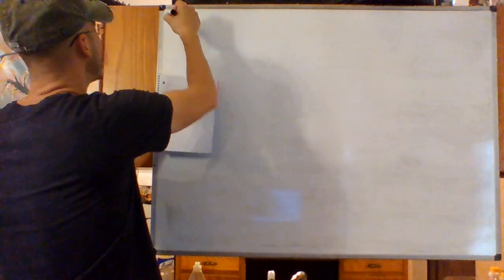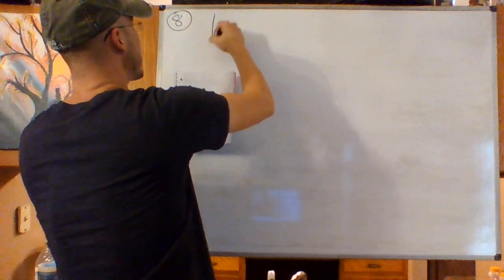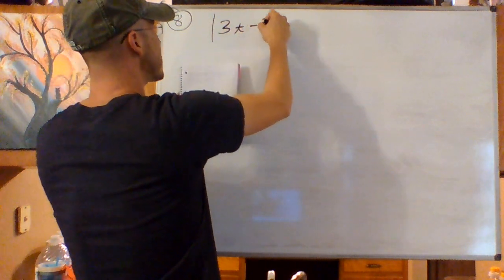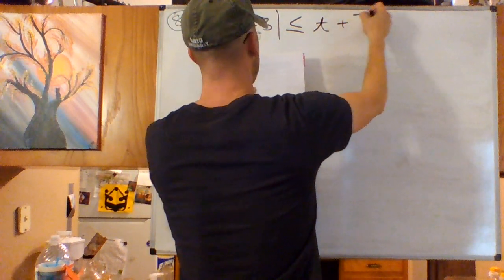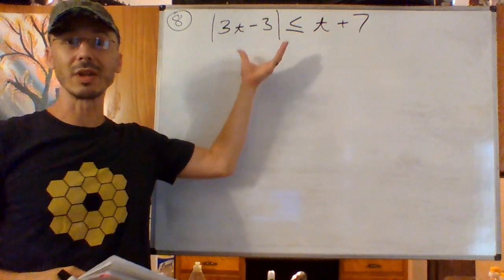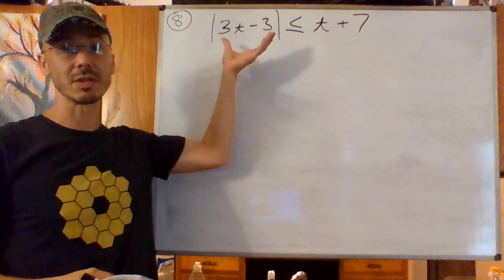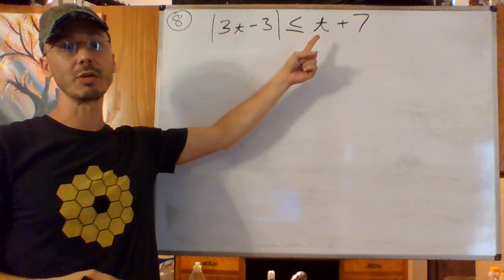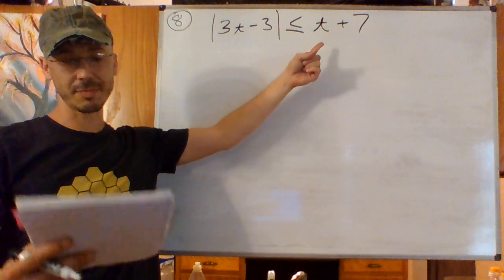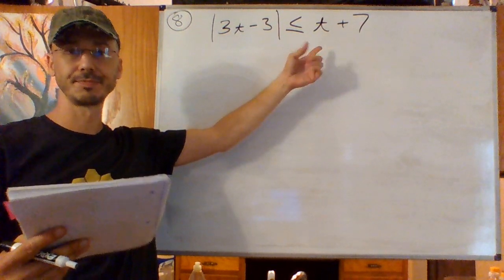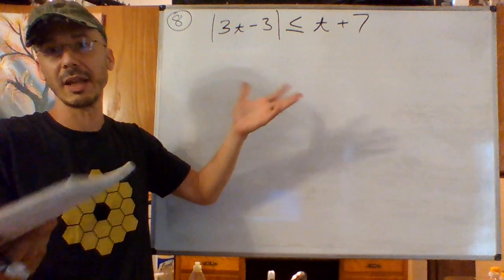It's another absolute value inequality, and I don't really have a systematic way to do this, because this one has not only a variable in the absolute value expression, there's a variable on the other side also. So the way I usually do it, it kind of worked.